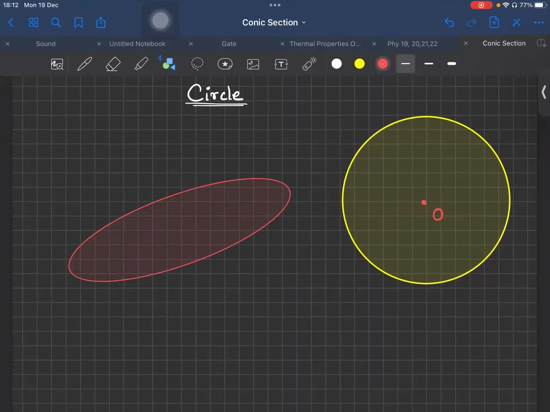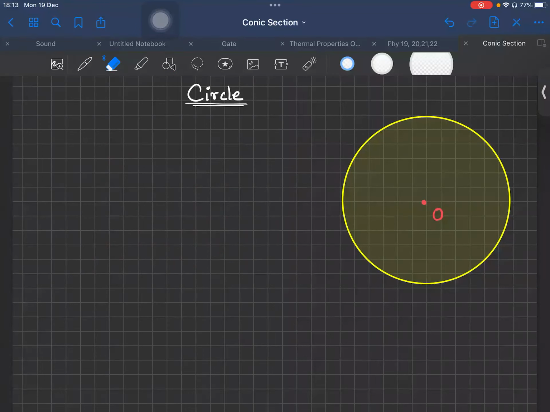No, sir, I said edge. Edge. Oh, okay, you are saying edge. This is what you are saying. Yes, sir. But an ellipse also does not have any edge, no?